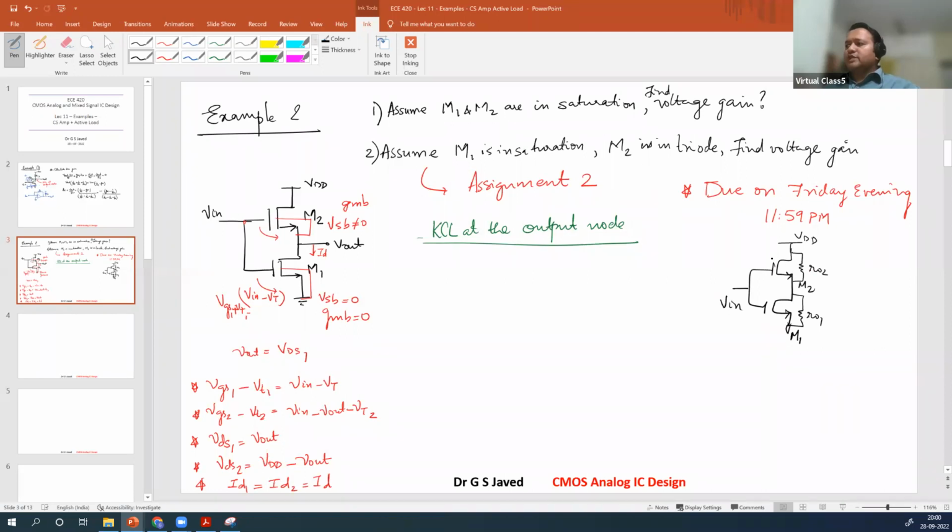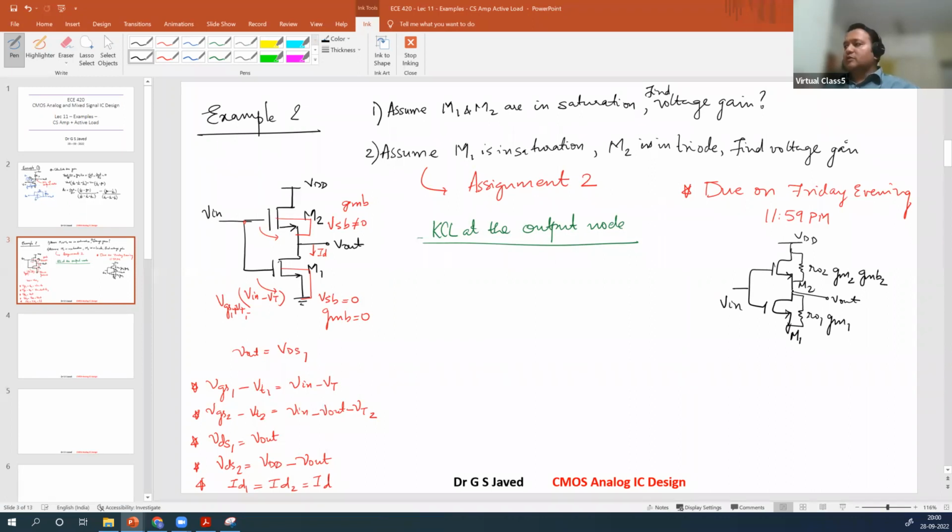Right? You have a GMVGS here, GMVGS here. You have GM2, GMB2. This is GM1, no GMB. Okay. So these are the variables that you have to play with. And here VGS is V in minus V out minus VT. Now let's solve. So what is the KCL?